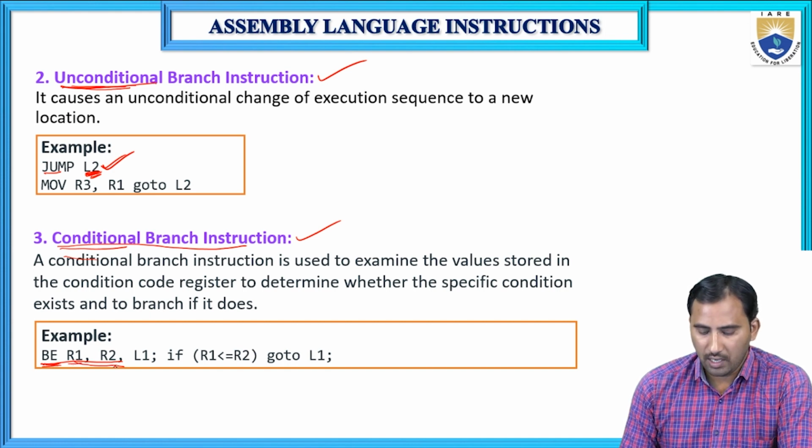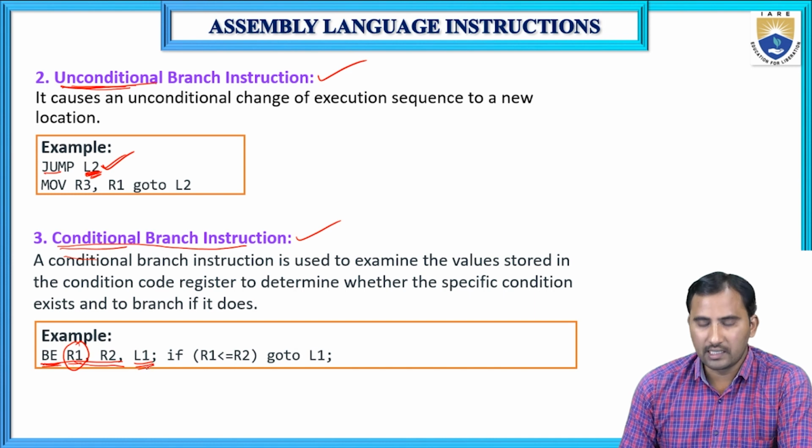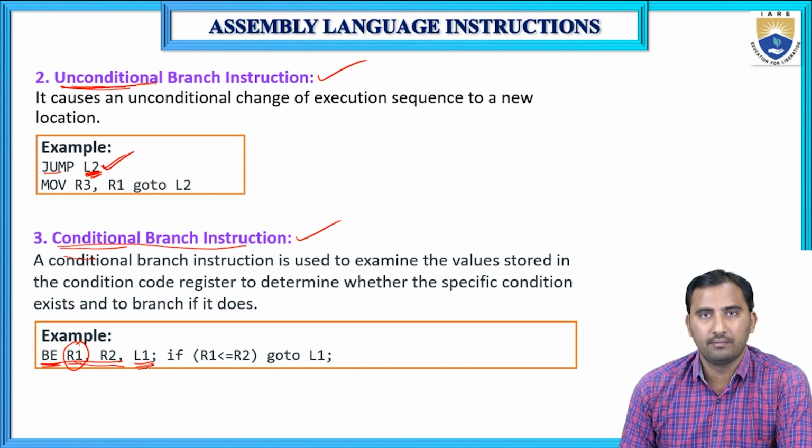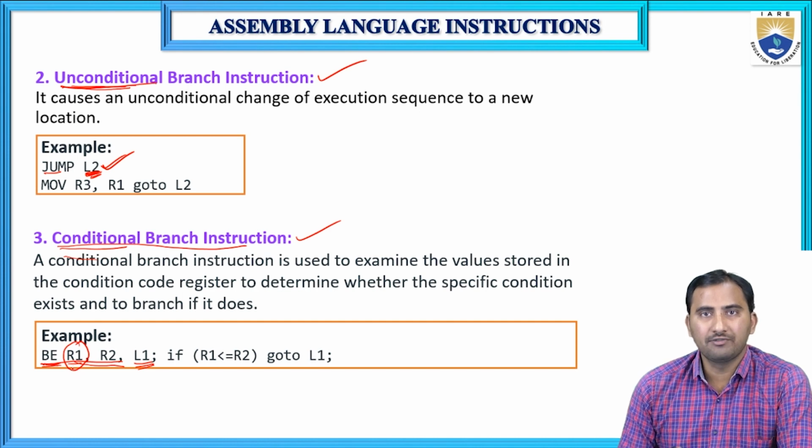So R1, R2 means if the contents of the R1 register are below the R2 or equal to the R2, then the condition is satisfied, and the program control will be transferred to the address specified by L1. Only if the condition is satisfied is control transferred to L1.